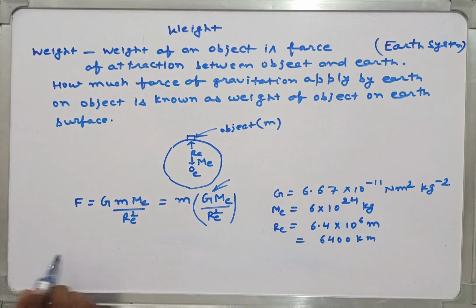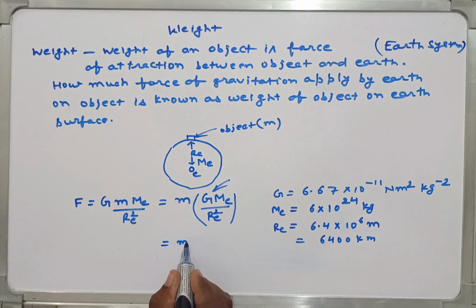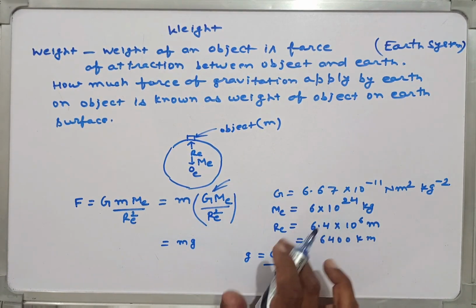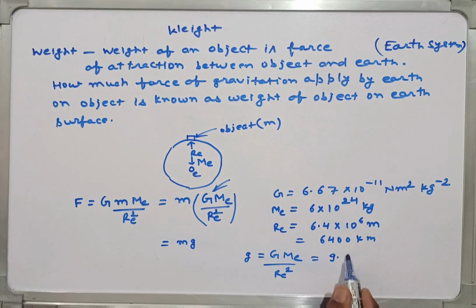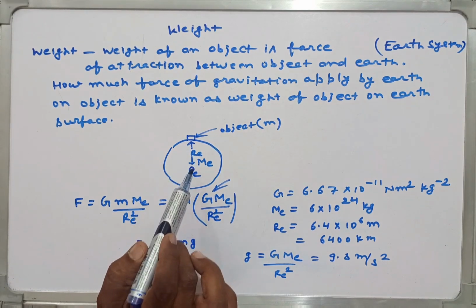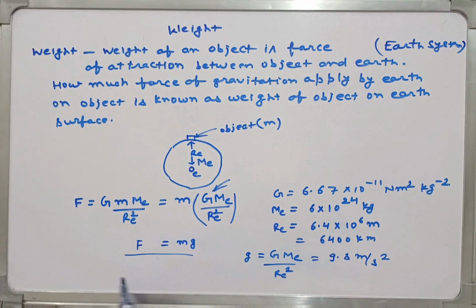Next we can write m into g, where g value is G me by re square. Whenever you put in all these values, you will get this value. So this is the force of attraction acting between the object and earth, and in physics this force of attraction is known as the weight of the object. Now you understand why we write weight of an object equal to mg.